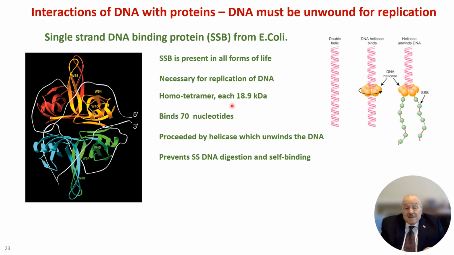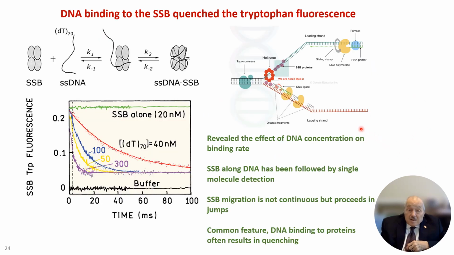So nature invented the single strand binding protein, which as soon as the DNA helicase unwraps the DNA for replication, it gets covered with single strand binding proteins, and these protect the single strand from recollapsing and binding to itself, because they had to stay separate for other processes which were further down the road, like polymerase, where you would have to start replicating the single-stranded strand into a double-stranded strand.